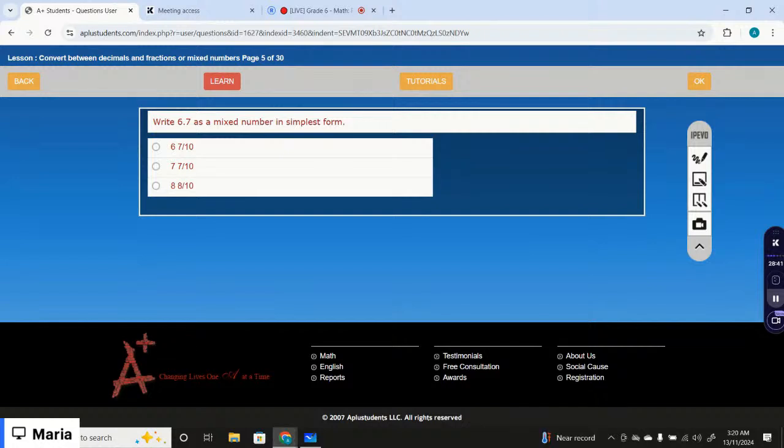Write 6.7 as a mixed number in simplest form. So which is the correct option?